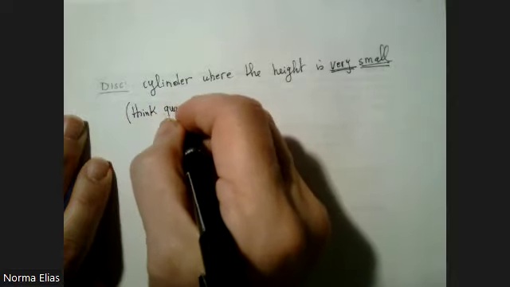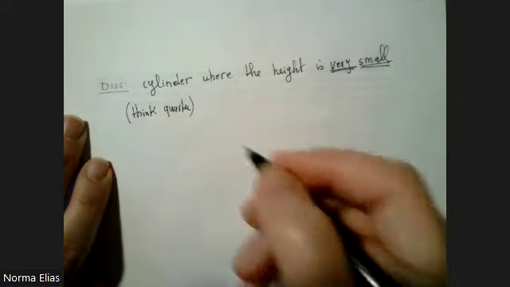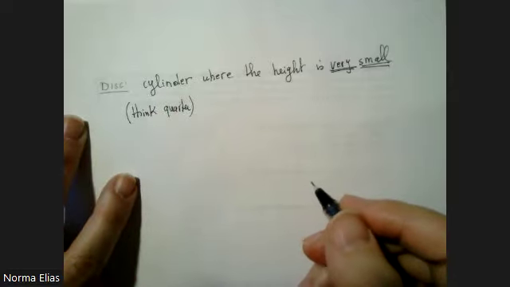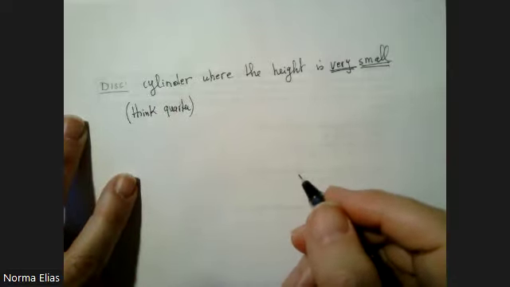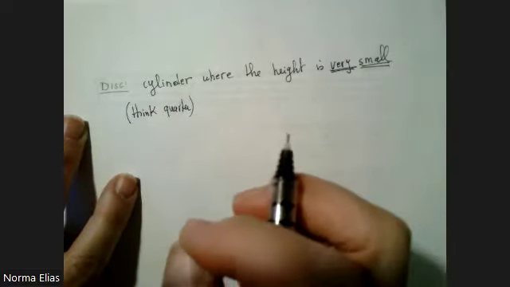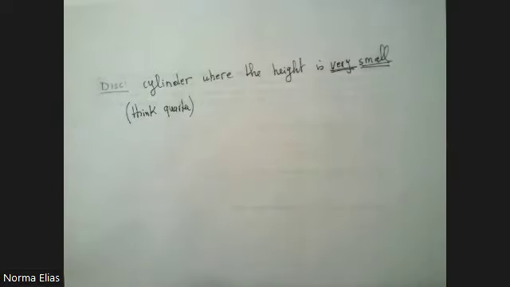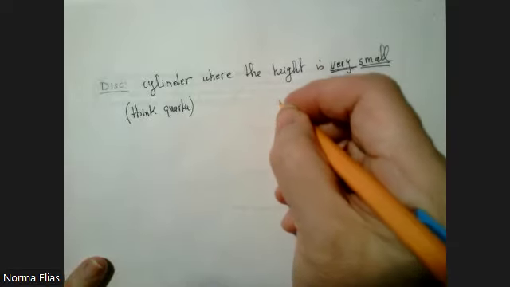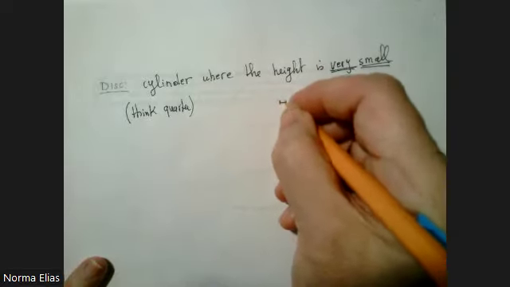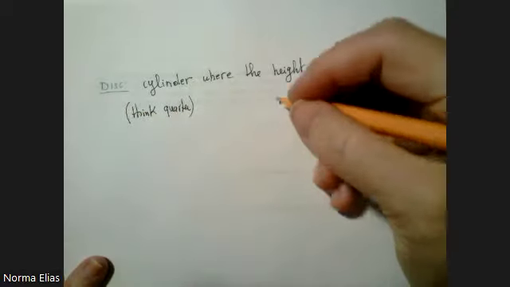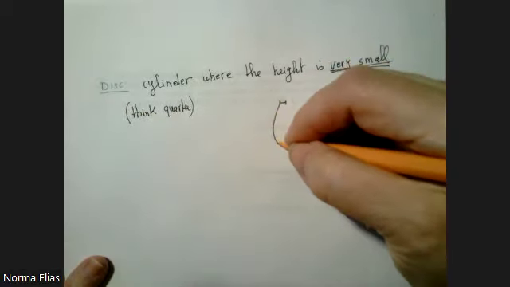You know what a quarter is? You have seen a quarter before? You know how thin it is? That's how I want you to think when you think of a disk. So it is a cylinder where the height is very small. The height is usually my delta y or my delta x. So when I think of a disk, I think about something like that.